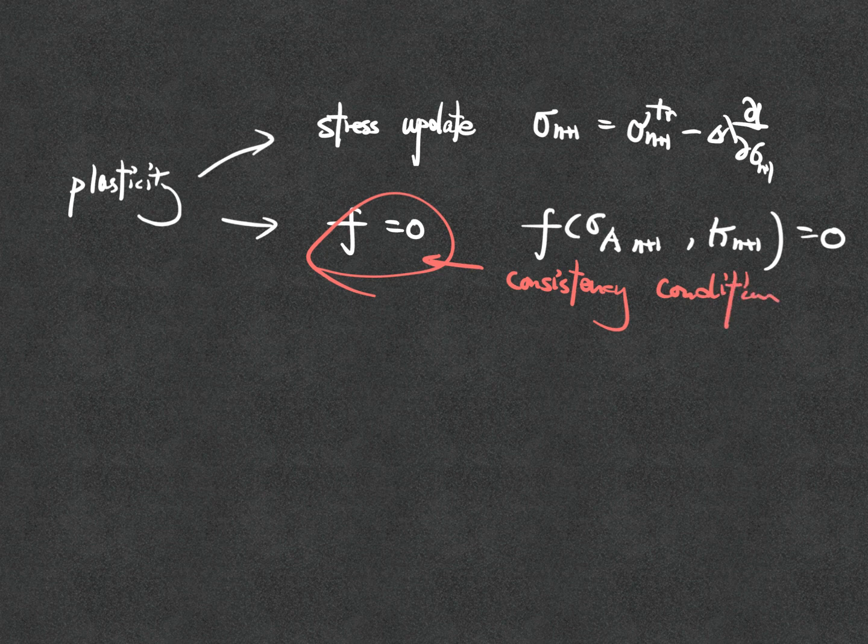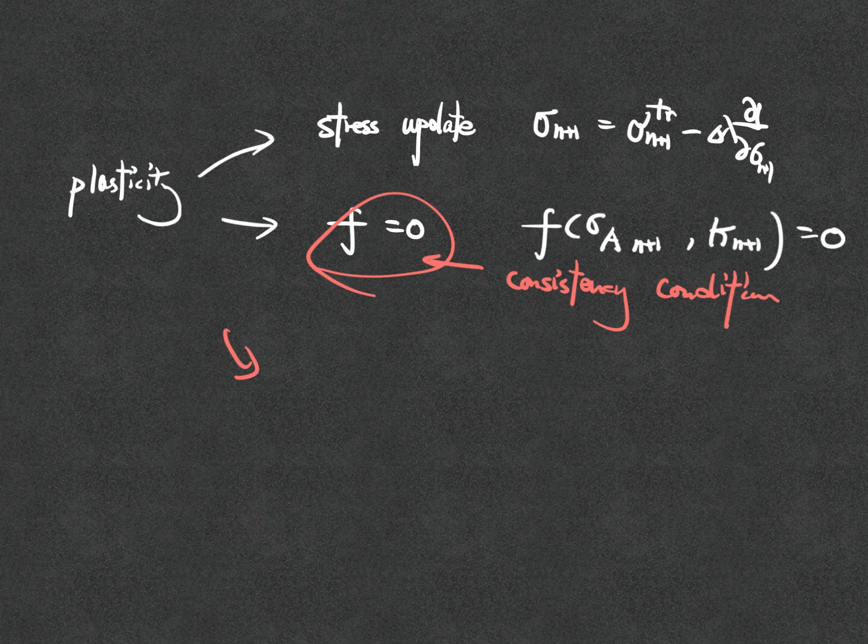Okay, what are the other things I want to do? Yeah, evolution of the yield surface. How do I actually know how to perform the evolution of the yield surface, in a more generic setting? In J2, what did I do? Do you remember?